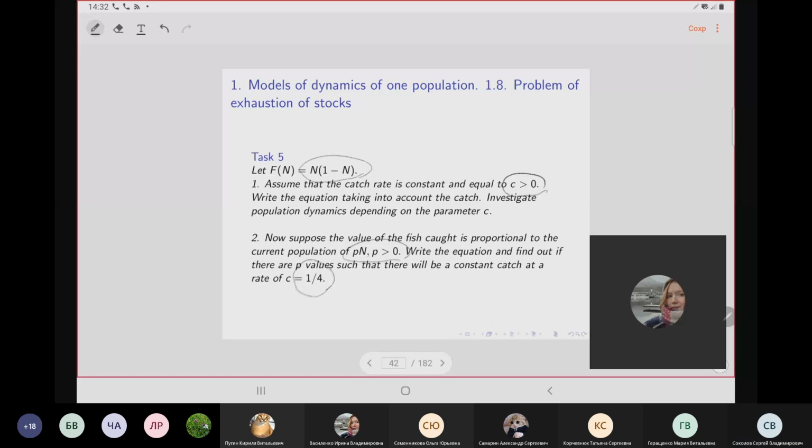Well, that's all about one species models. But in real life, we understand that usually different types of species interact, and this interaction type can be different.